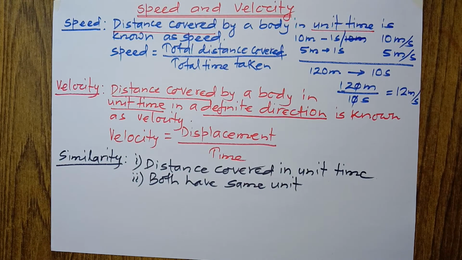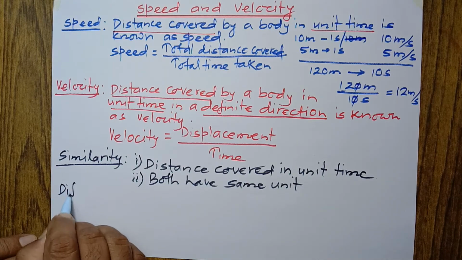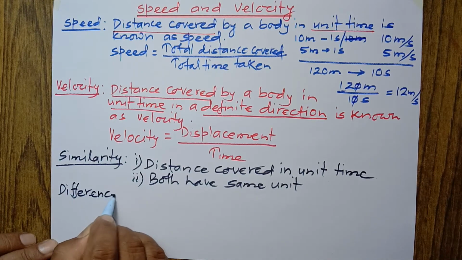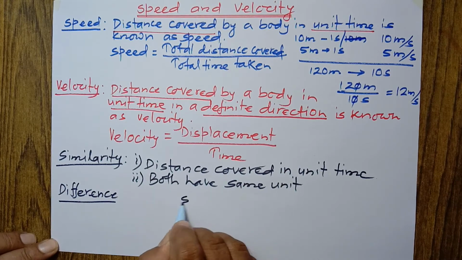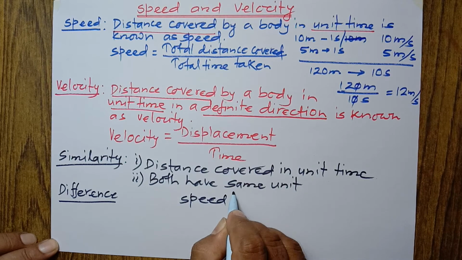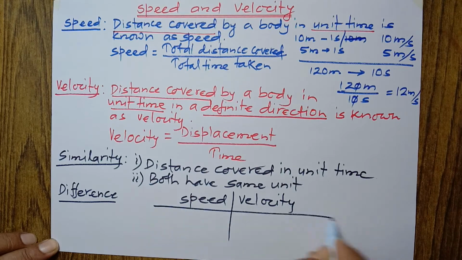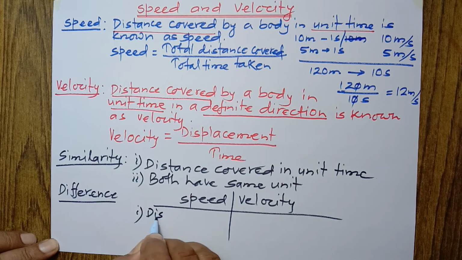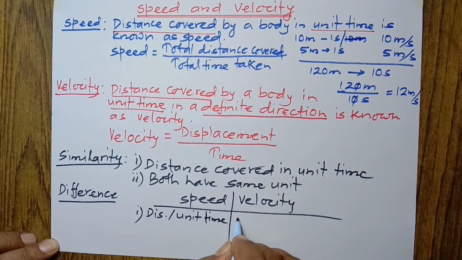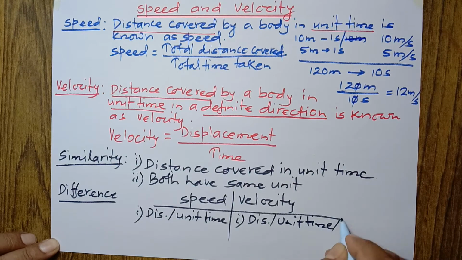Now, what is the difference between them then? Now, I want to talk about the difference. Looking at the definition, we can say the difference. This is what? Distance, I'm writing shortly, covered in unit time. But this is distance covered in unit time, I'm writing shortly, in a definite direction.